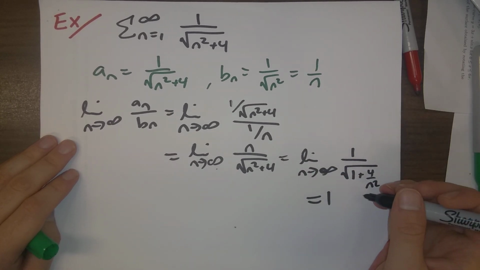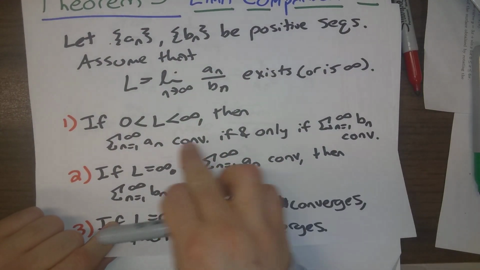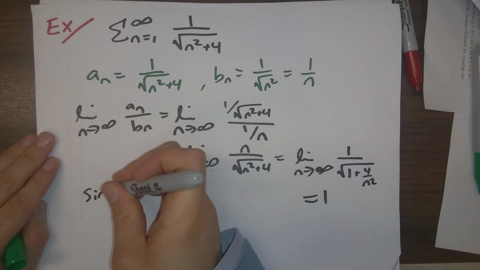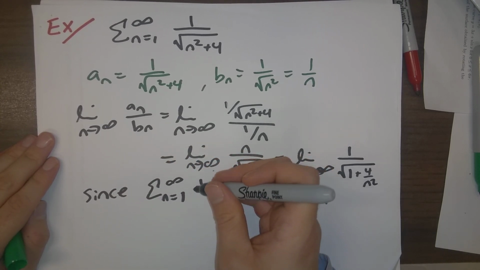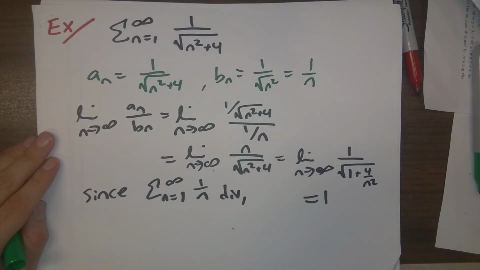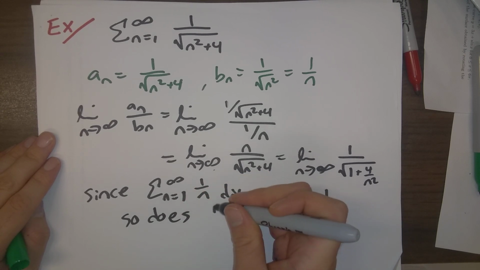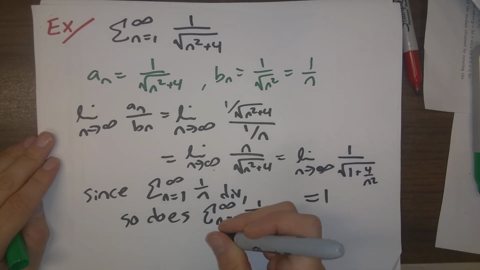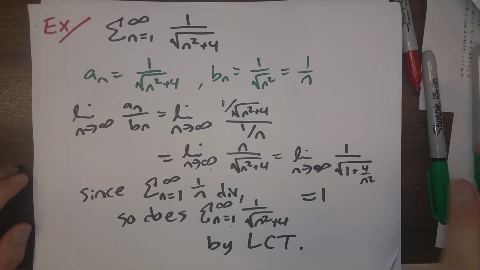So because this is between 0 and infinity, we are once again in this first case, that the two series of the a_n's and b_n's have the same behavior. And since the sum from n equals 1 to infinity of 1 over n diverges, we know that's the harmonic series. So does the sum from 1 to infinity of 1 over the square root of n squared plus 4, by the limit comparison test. So that's one last example for us to look at.